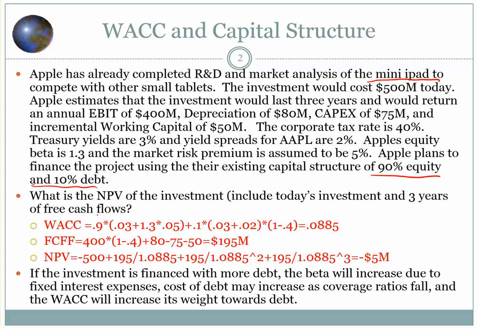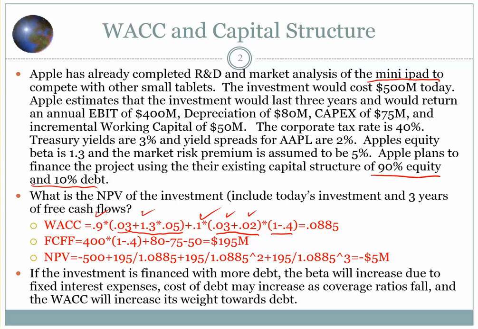So to do that, we calculate the weighted average cost of capital using the firm's existing 90-10 equity debt structure. Use CAPM to calculate the cost of equity, risk-free rate plus beta times market risk premium. We calculated the cost of debt, using the risk-free rate of 3% plus a 2% spread for Apple risk.